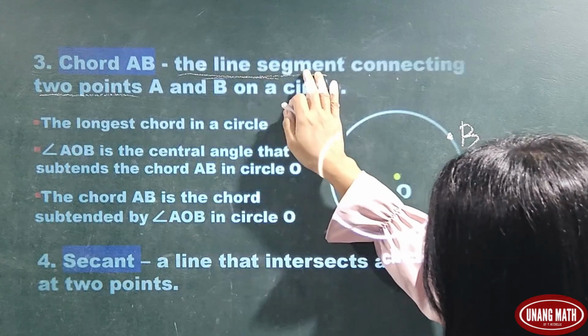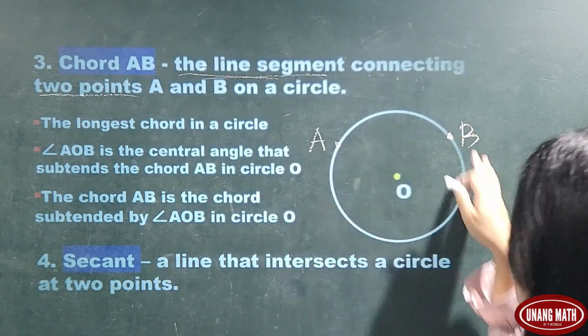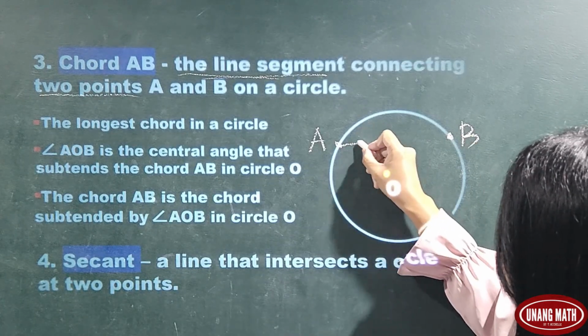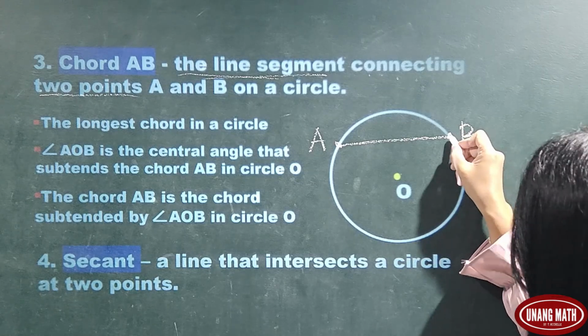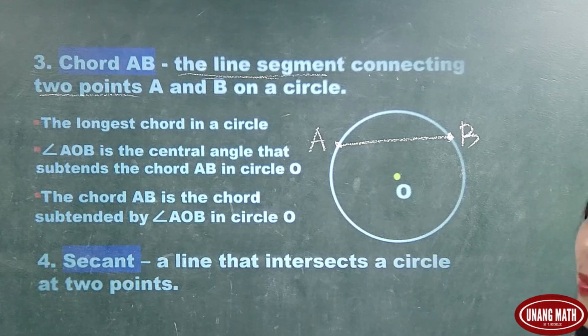This is the line segment connecting 2 points A and B on this circle. So this is point A, this is point B. Just connect point A to point B. So this is our line segment, and this is now our chord AB.